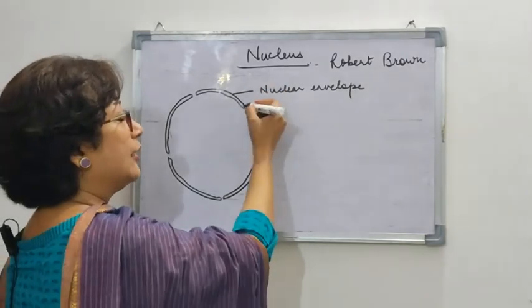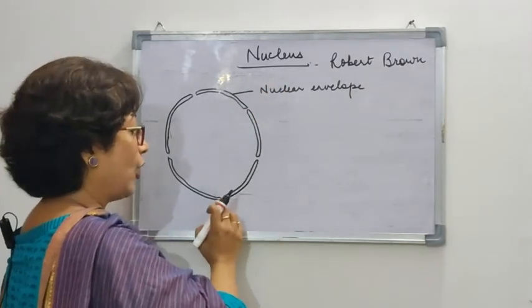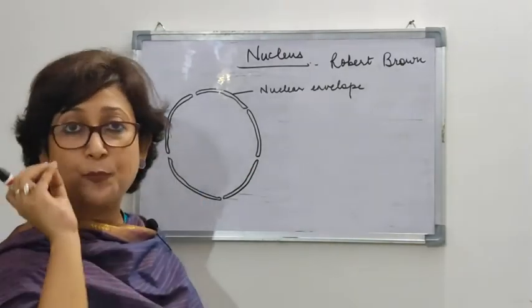If we see here, the nuclear envelope is not joined at certain places, and these spaces or pores that are present are microscopic.